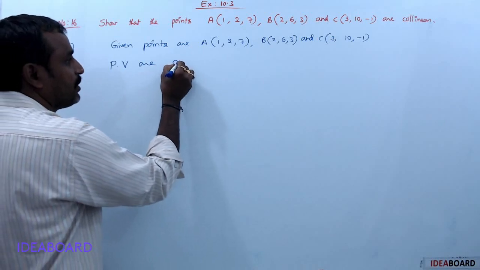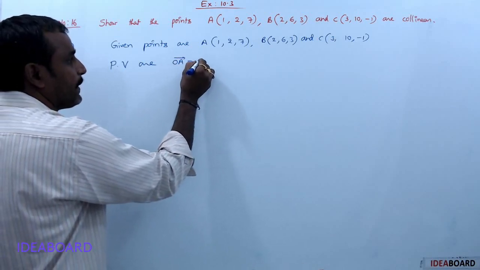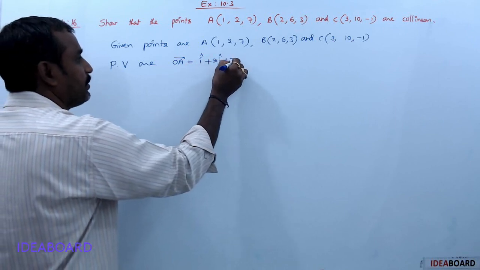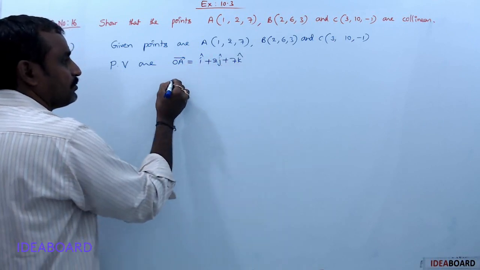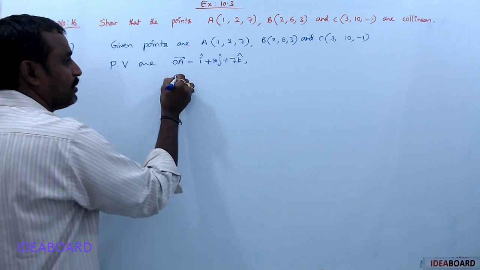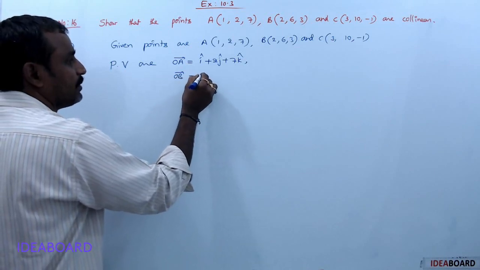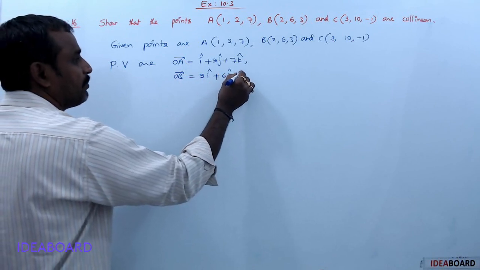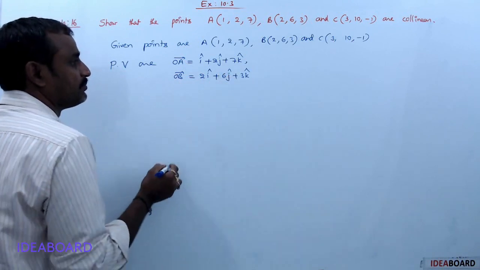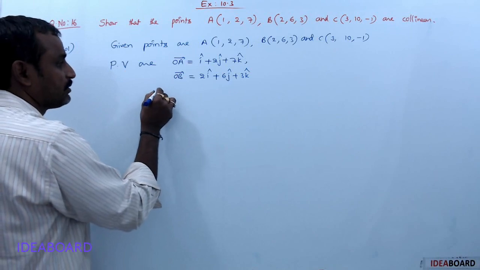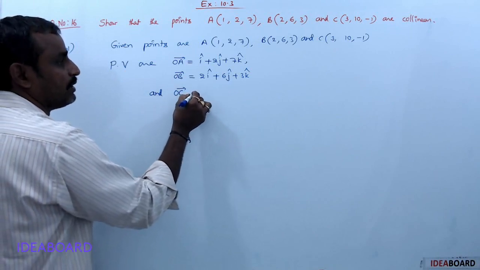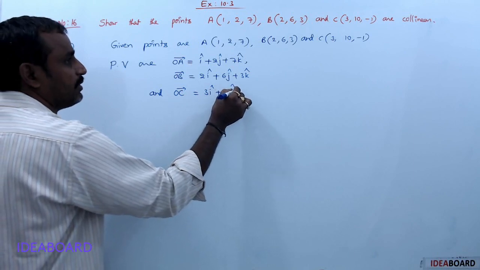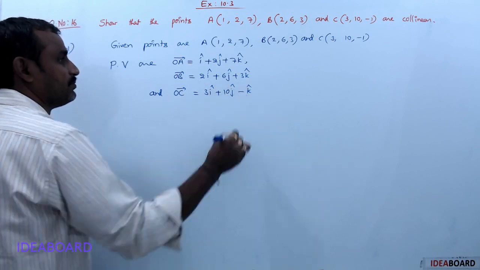Position vectors are OA bar is equal to i cap plus 2j cap plus 7k cap, OB bar is equal to 2i cap plus 6j cap plus 3k cap and OC bar is equal to 3i cap plus 10j cap minus k cap.